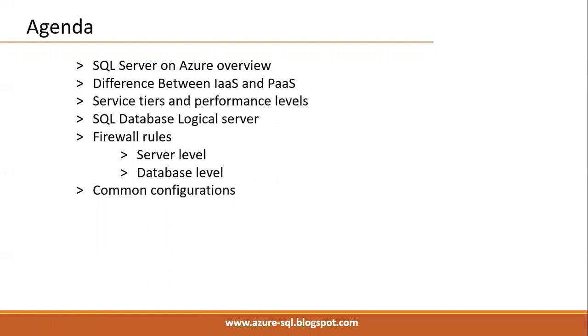We can configure some features only at DB level. It means we don't have a complete virtual machine in our hands. That's why the performance of databases depends on service tiers and performance levels.